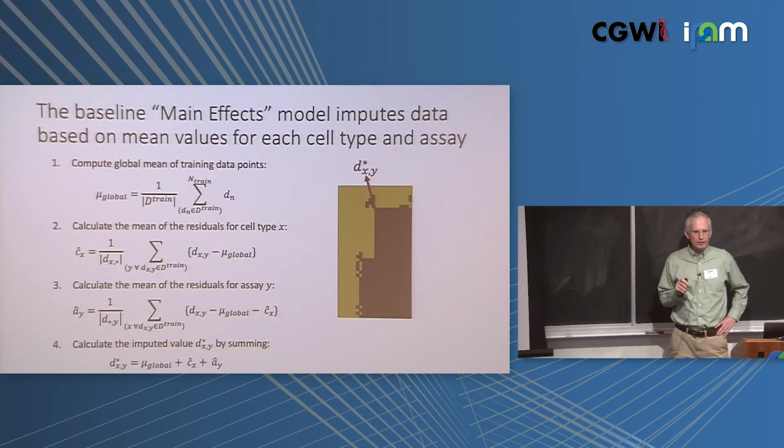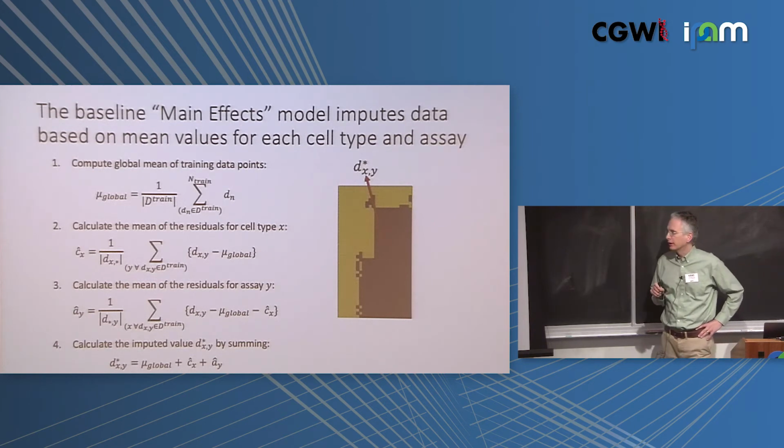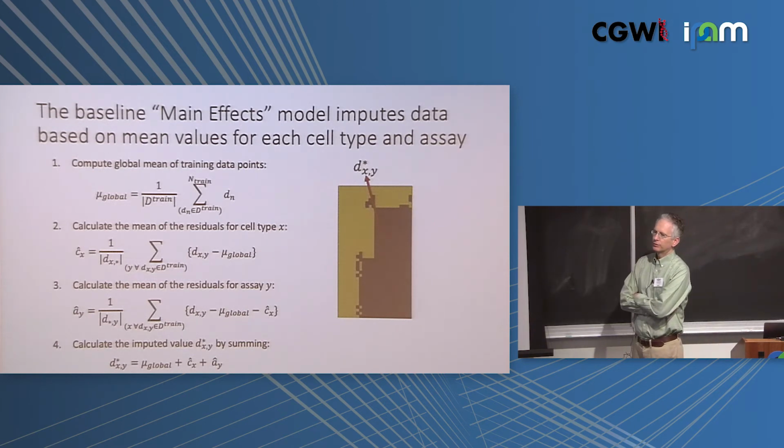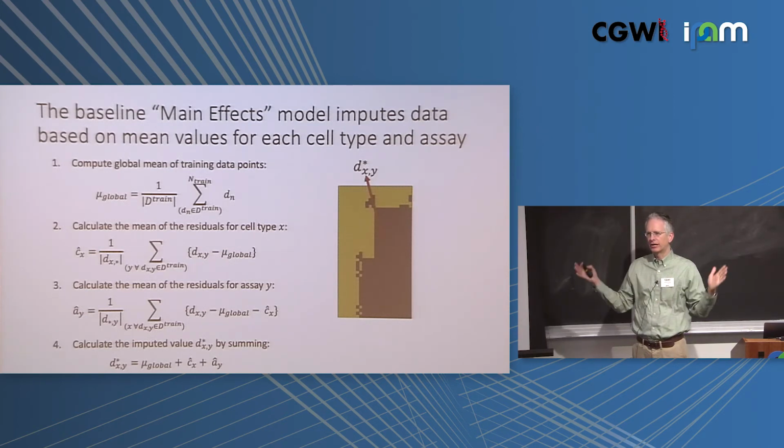The main effects model, I'm just going to mention briefly, is a model that we included as a baseline because it actually works pretty well in a lot of recommender systems. And it's basically saying, if we're going to predict the particular value for this cell type in this assay at this position, we're first going to use the global mean value for the entire matrix.